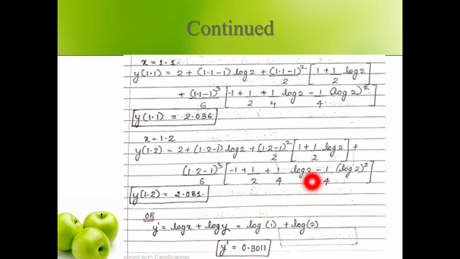Or we can tell y dash equal to log of x plus log of y equal to log of 1 plus log of 2. So y dash will be equal to 0.301. For y double dash, substitute the values in the differential equation. Now y double dash is equal to 1 divided by x plus 1 divided by y into y dash.